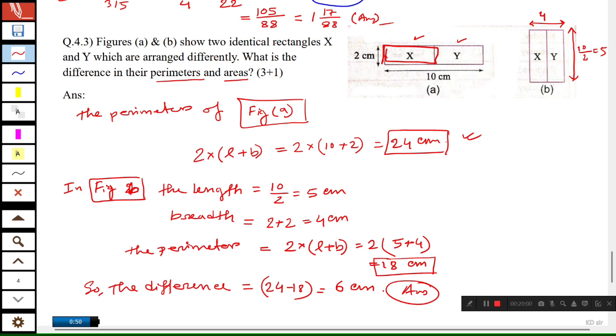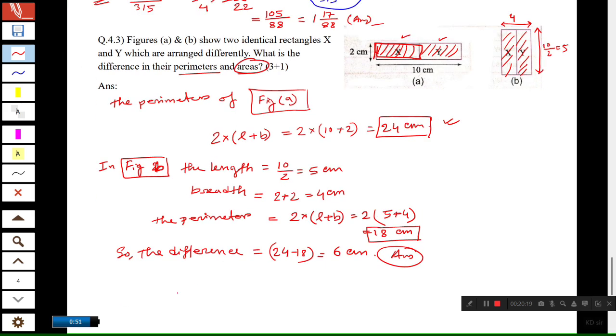This is one answer. Also the difference in the area, we may calculate it, but by the concept, the area should not change for a rearrangement. If I do not change the shape, if I rearrange the two structures, then the area will always be the same.